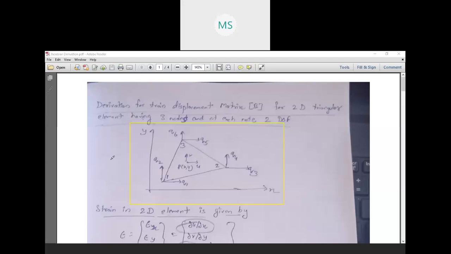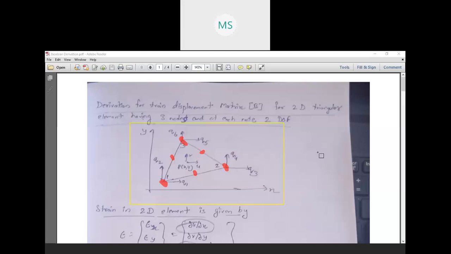It's as simple as that. This will be your first node, this will be your second node, this will be your third node, and in between, at the midpoints, when the nodes come, that is known as the higher order elements. So a 2D triangular element with 6 nodes and higher is known as a higher order triangular element.